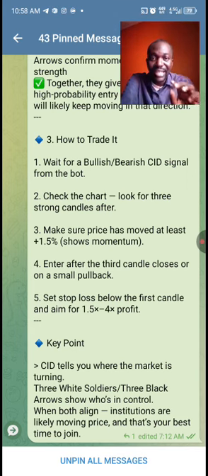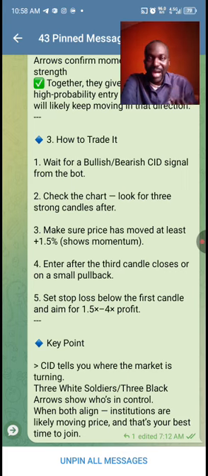Third step is make sure price has moved at least 1%, which shows momentum. Then enter after the third candle closes or on a small pullback. So after you have confirmed 3 candles present in that move, you can enter after the third candle has finished and the fourth candle opens. That's what it's trying to say. Enter when the third candle closes.